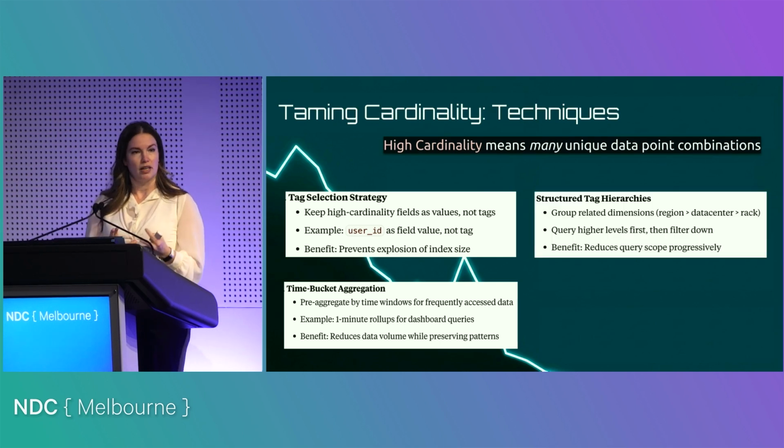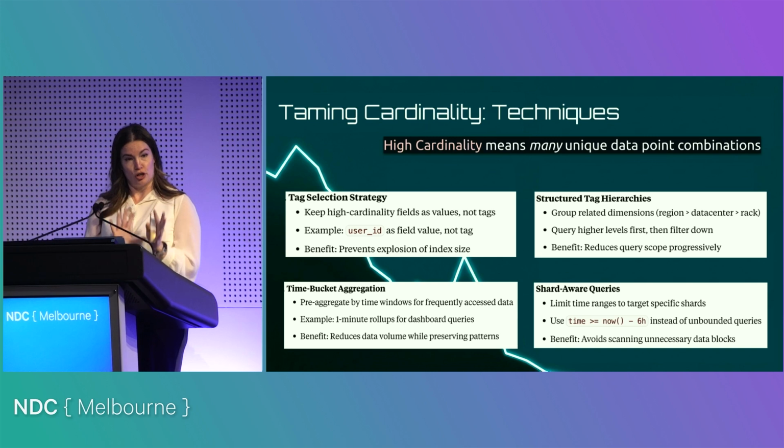Third, use time bucket aggregation. Pre-aggregate your data by time windows for frequently accessed data. For example, create 1-minute rollups for dashboard queries to dramatically reduce volume while preserving the pattern you still have. Fourth, write shard-aware queries that limit time ranges to target specific shards.